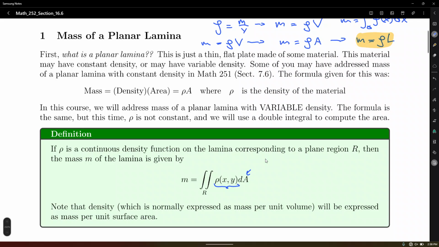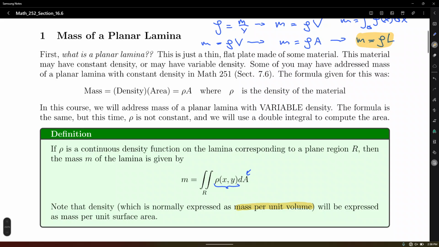All right. So here's the thing about units. When we talk about density for volume, we usually express it with units of mass per volume, like kilograms per liter or grams per milliliter, which is one of the most common units in your chemistry class.